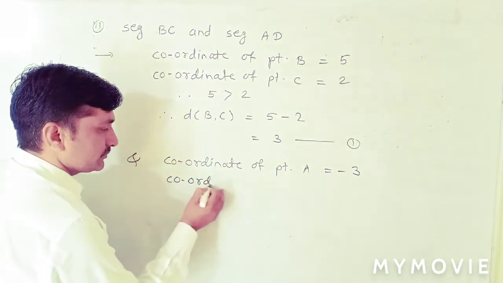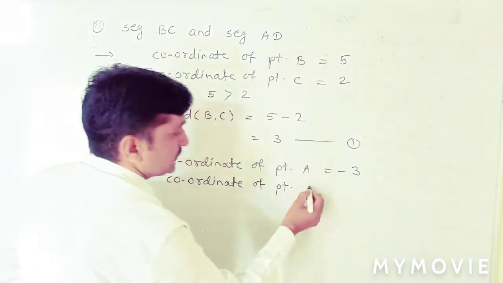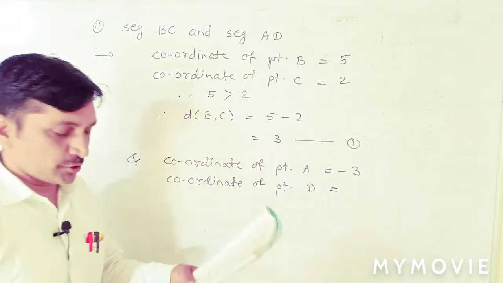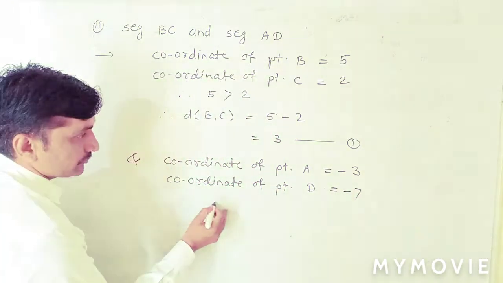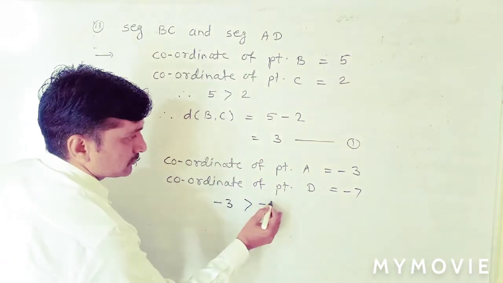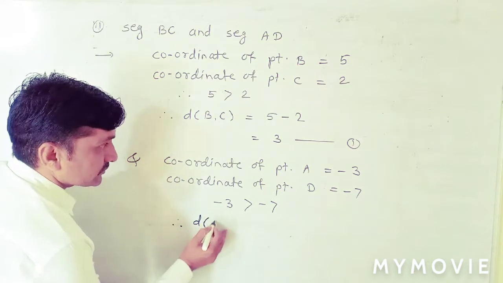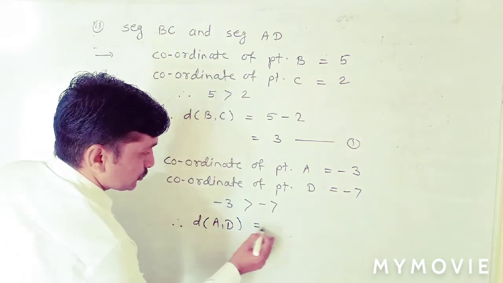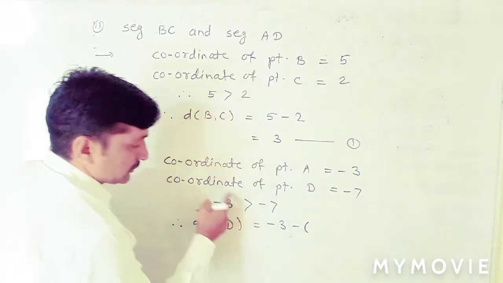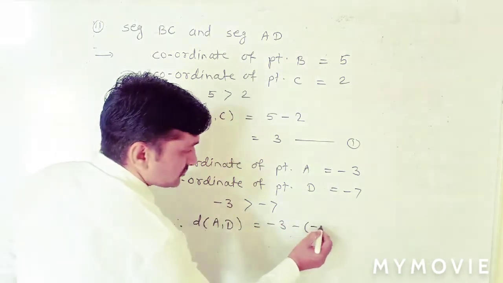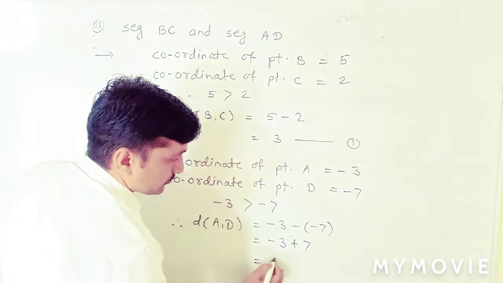Coordinate of point D is given in the table, -7. Both are negative, therefore -3 is greater than -7. Find distance. Distance AD is equal to greater -3 minus, for subtraction, smaller -7. -3 minus (-7), -3 plus 7, is equal to 4.